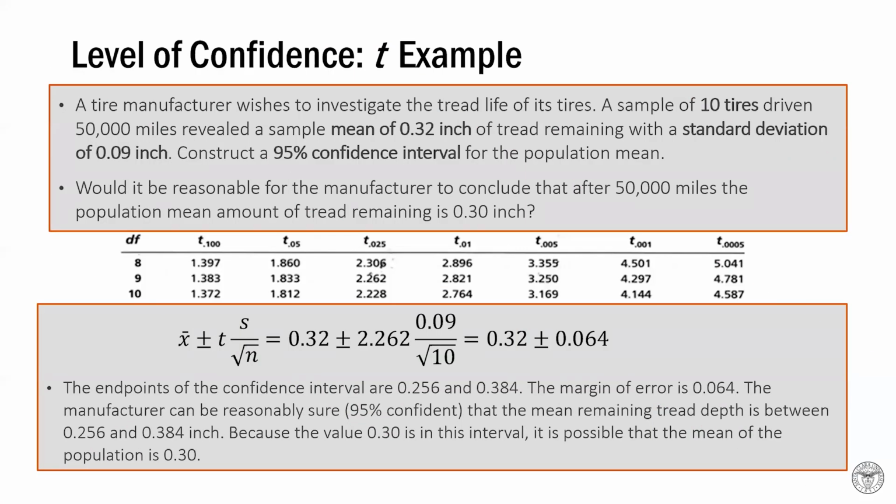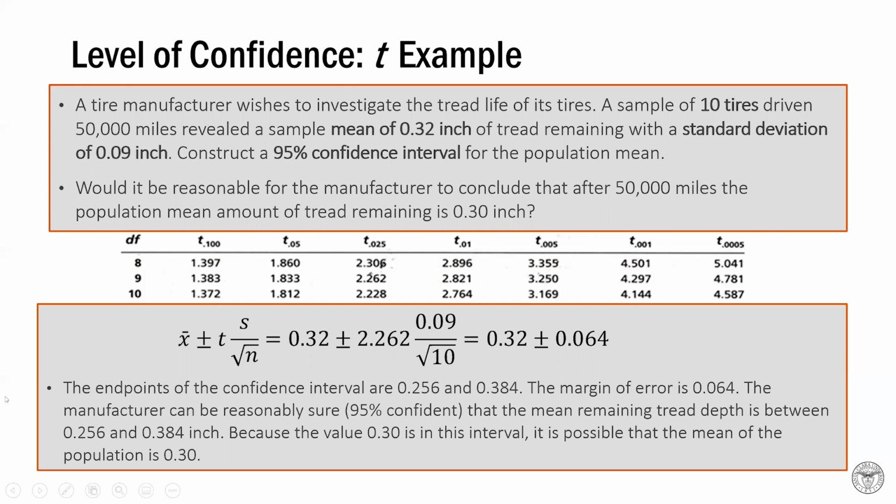In this example, a tire manufacturer wishes to investigate the tread life of its tires. A sample of 10 tires driven 50,000 miles revealed a sample mean of 0.32 inch of tread remaining with a standard deviation of 0.09 inch.